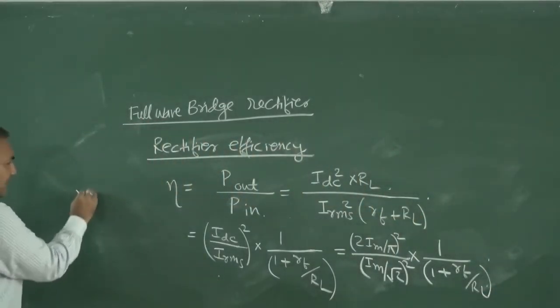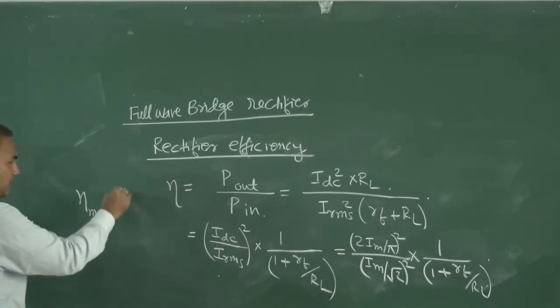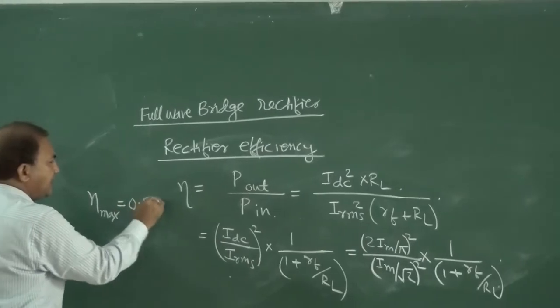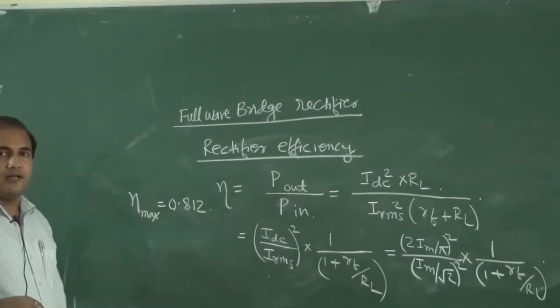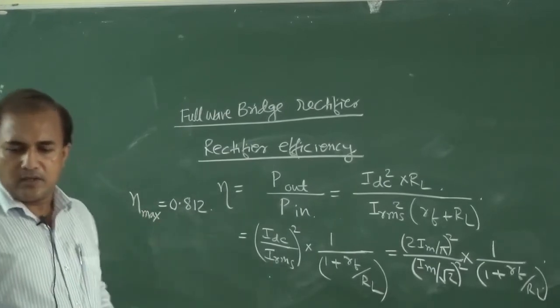So its maximum value, eta max, is equal to 0.812.